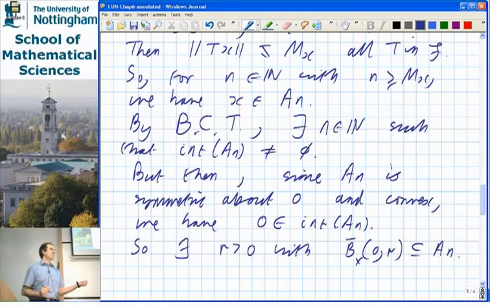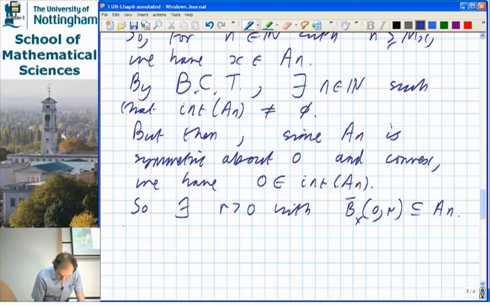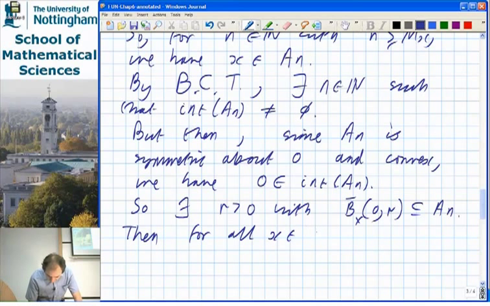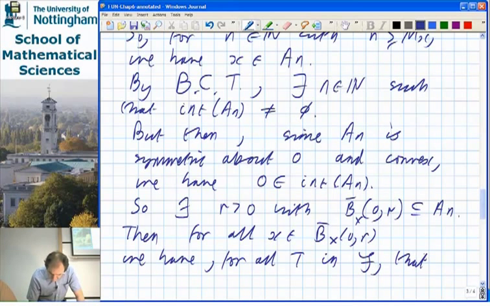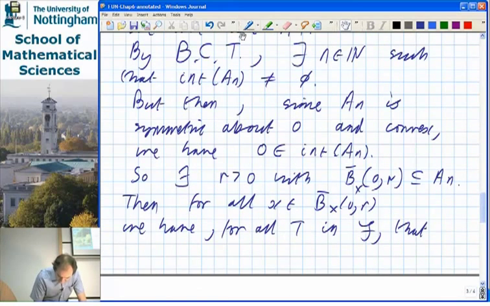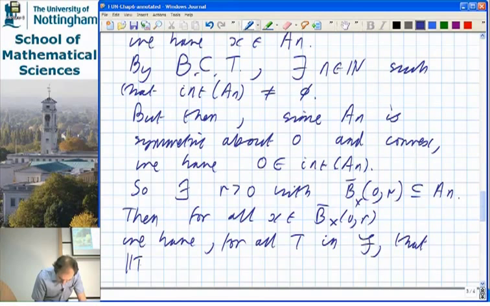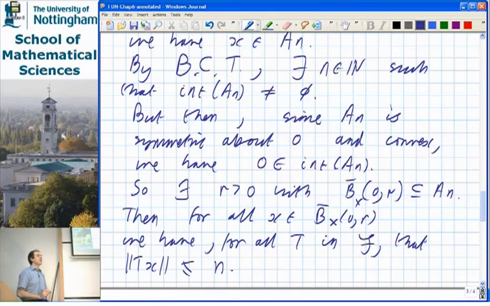You can get an open ball in, so make it slightly smaller and you get the closed ball in. Then, for all x in that ball, we have, for all T in F, that the norm of Tx is at most n. This particular n we've got here.